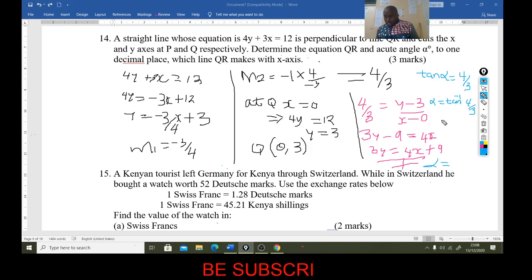You press this in your calculator and you'll find alpha equals 53.13 degrees. That is the angle the line QR makes with the x-axis. It is the tan inverse of the gradient of the QR equation.